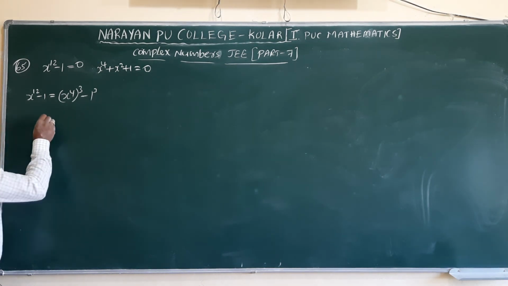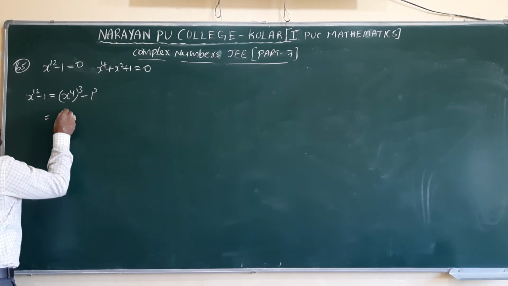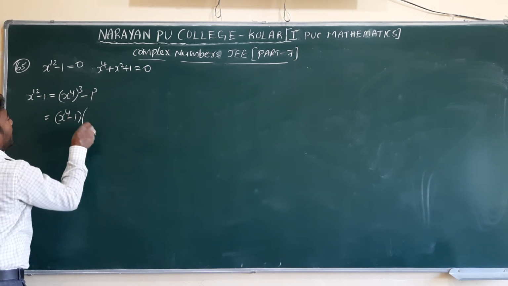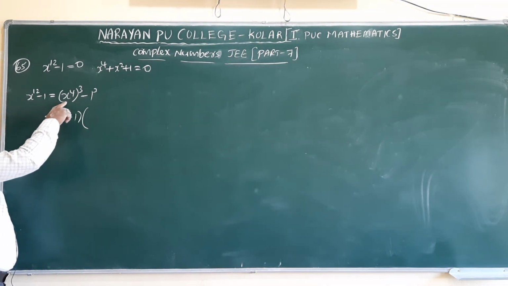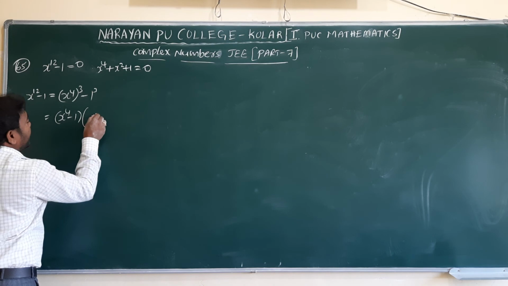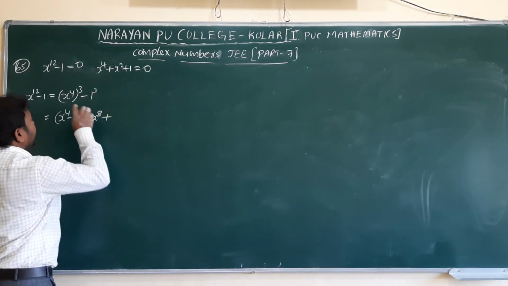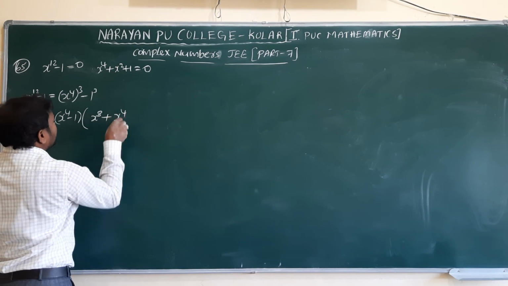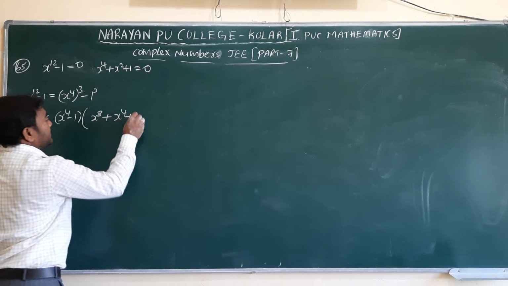So we know the formula a cube minus b cube is a minus b into a square plus ab plus b square. Here we apply the formula: x power 4 minus 1 into a square, so a square here is (x power 4) square. What do we get? x power 8 plus ab, x power 4, plus b square, by 1.